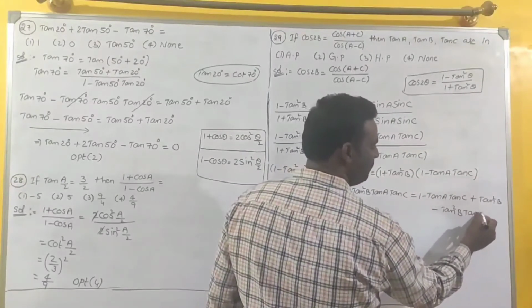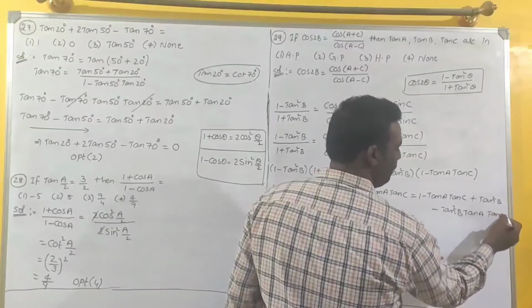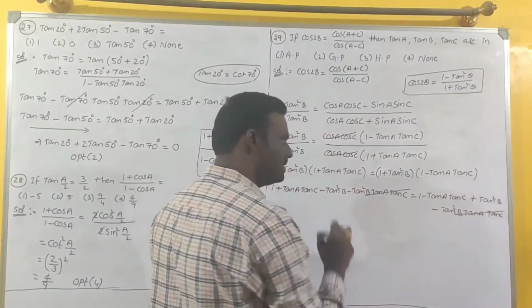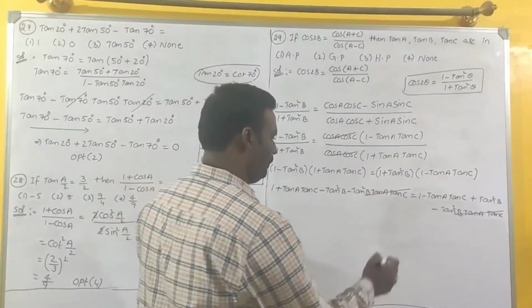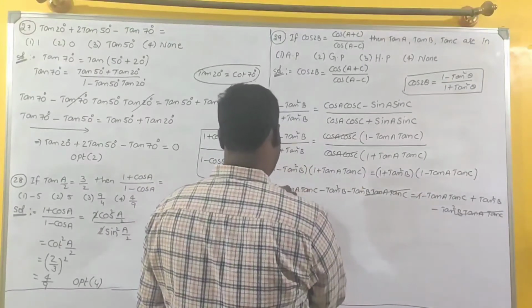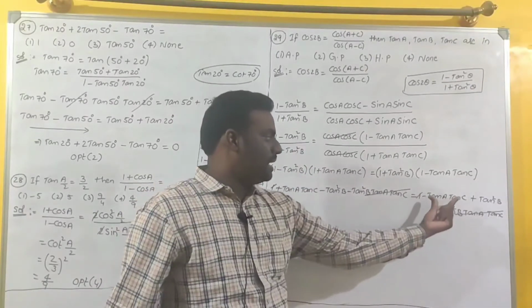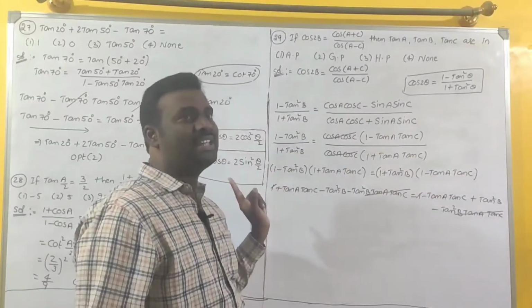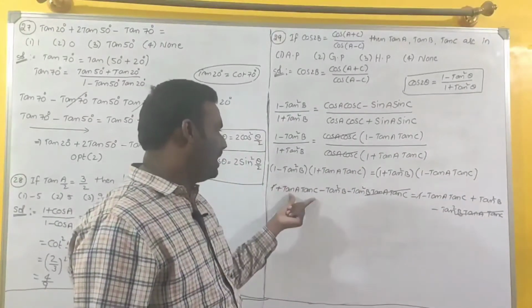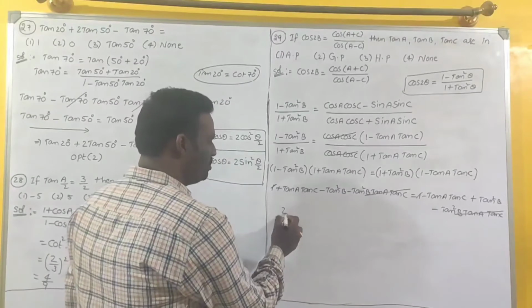Any cancellation we can cancel. This term cancels, 1 gets cancelled. This minus tan A tan C comes to this side, plus tan A tan C. Already tan A tan C is there. That is nothing but 2 tan A tan C.